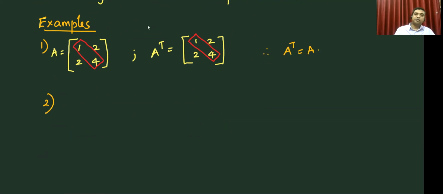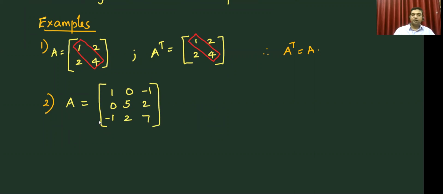Now let us look at 3 by 3. A is 1, 5, 7, let's say, and then 0, -1, 2. What have we done?